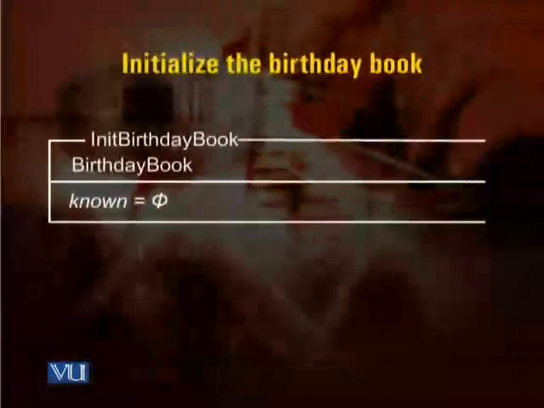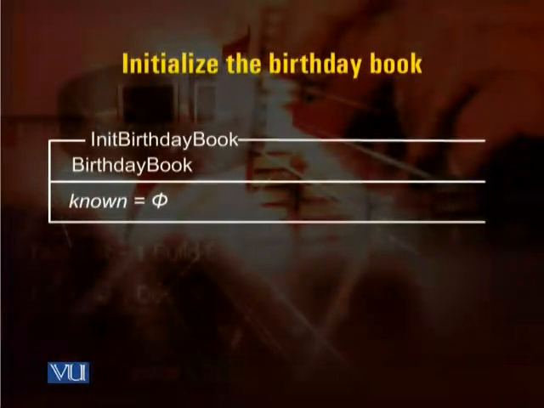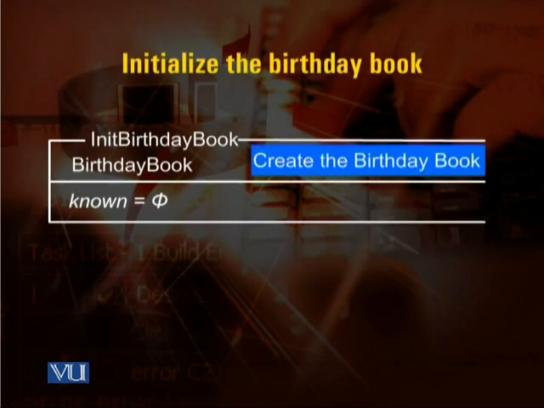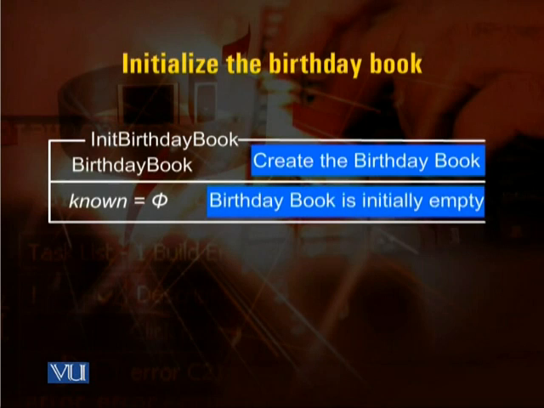The first specification here is, once again, there is nothing new. That is the init birthday book. So this schema will create a birthday book, and the schema predicate says the known is equal to an empty set. So this is just initializing the birthday book. So we will be using all these different schemas in our future discussions.